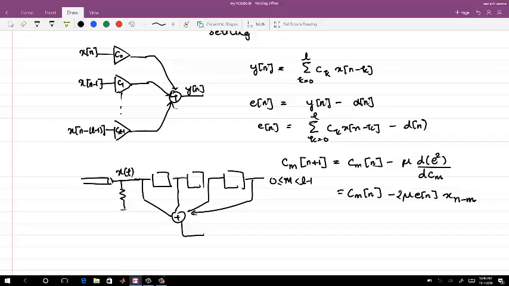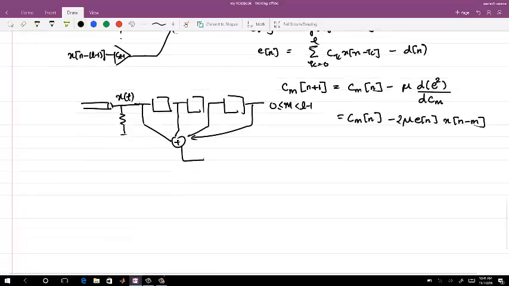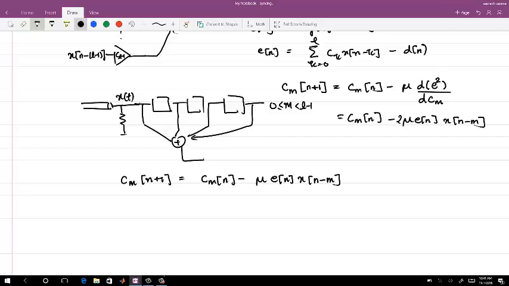So let me write it here: Cm of n plus 1 is Cm of n minus mu e of n x of n minus m.